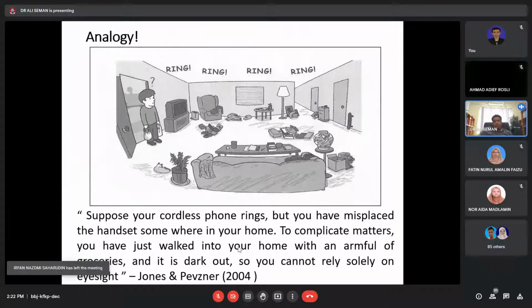Suppose your cordless phone rings, but you have misplaced the handset somewhere in your home. You don't know where it is. To complicate matters, you have just walked into your home with an armful of groceries and it is dark out, so you cannot rely solely on your eyesight.